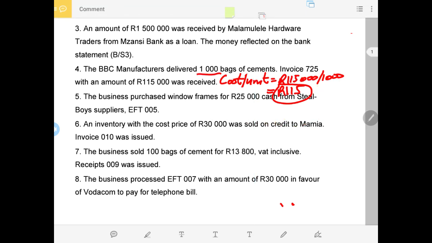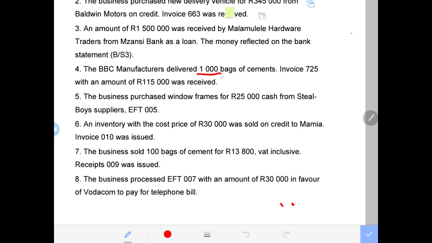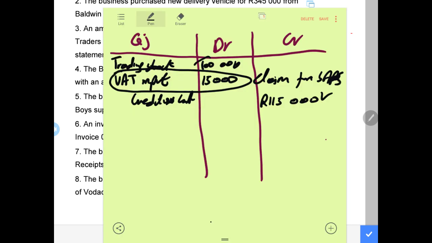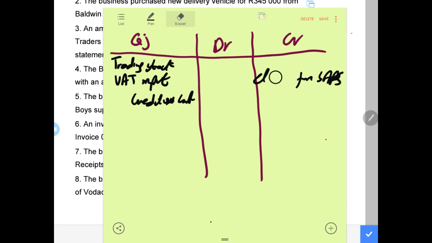Please have that at the back of your mind. Lastly, if we say 1,000 units by 100 rand per unit, this will give us the same 100,000 rand that we calculated here. One unit times the number of units will give us the total of 100,000 rand. So it still works together in any way.